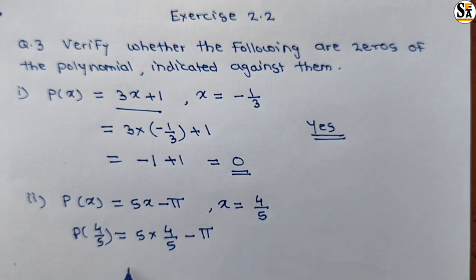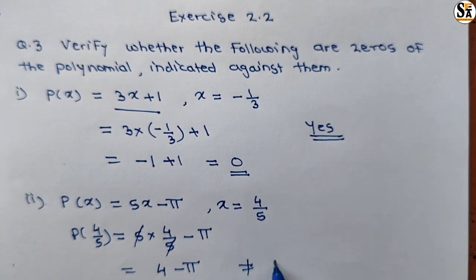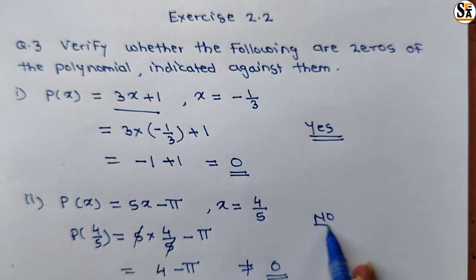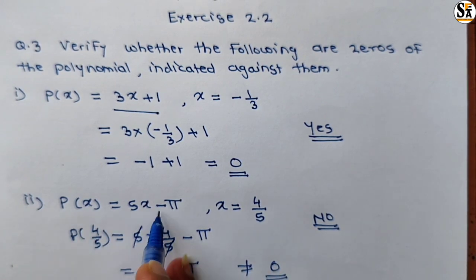So here the 5 will get cancelled. Only 4 will remain there: 4 minus pi. And the value of pi is a constant, so we are not getting the polynomial value as 0, so that is not equal to 0. So the polynomial value is not 0 for x equal to 4 upon 5. So our answer is no, x equal to 4 upon 5 is not the zero for this polynomial.